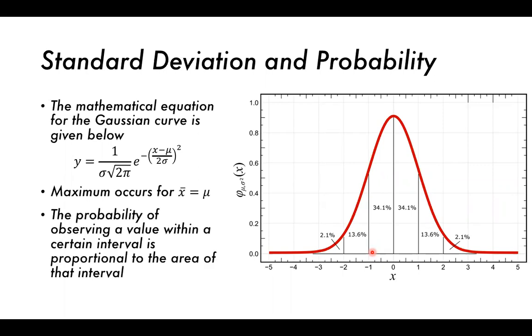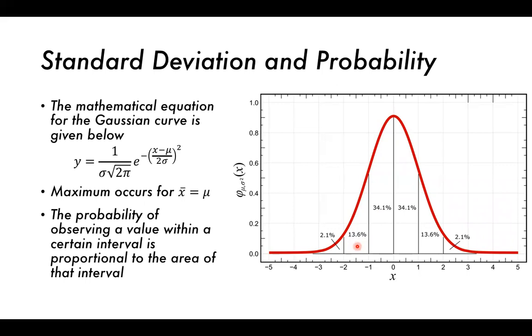And so the probability of observing a value within a certain interval is going to be proportional to the area of that interval. As you can see here, the area under this segment is much larger than, for example, this segment, which means the probability, 34.1%, is going to be much higher than it is going to be for this area, which is a 13.6% chance.